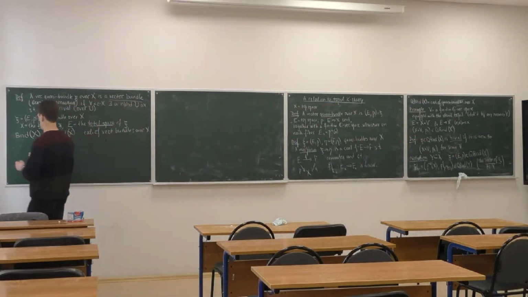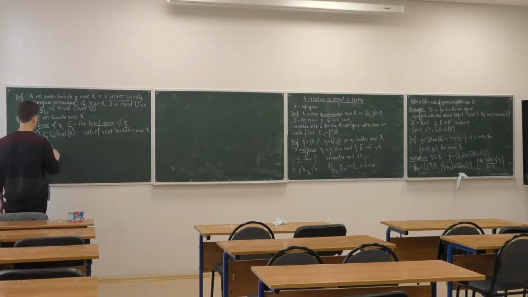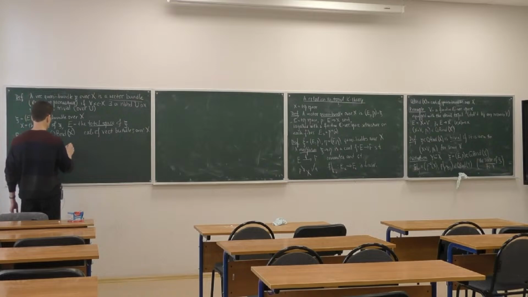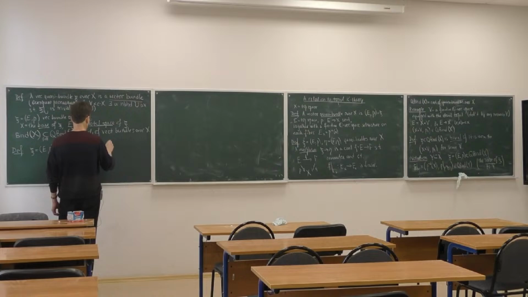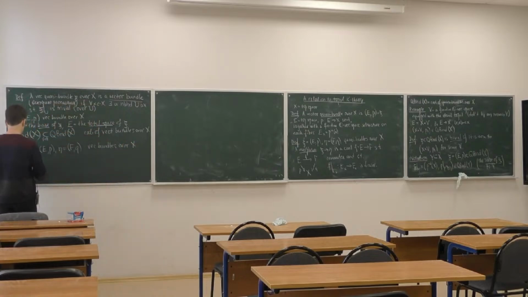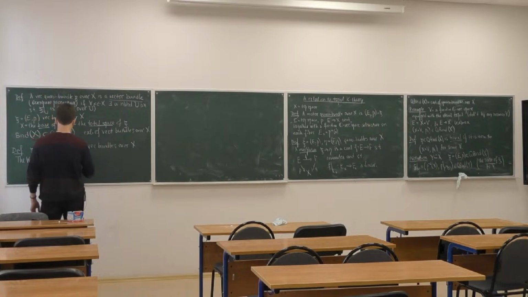The first construction is called the Whitney sum of two vector bundles. Here we have two vector bundles xi and eta over X. Then we define their Whitney sum, xi plus eta. This will also be a vector bundle over X.